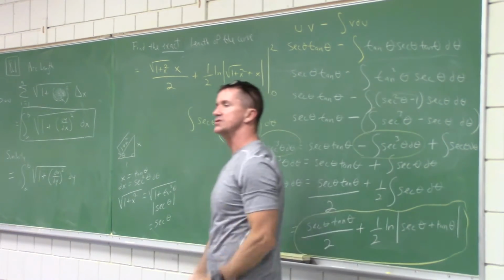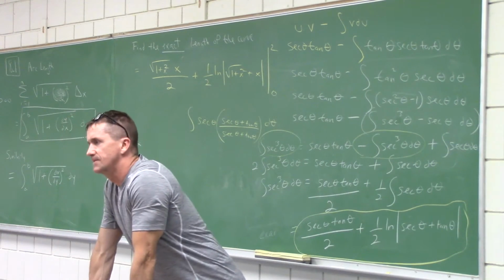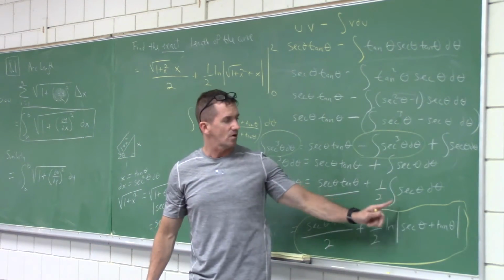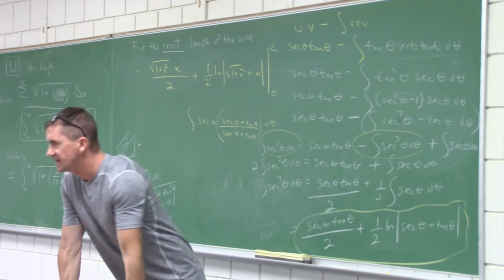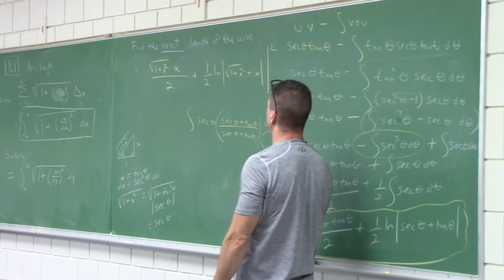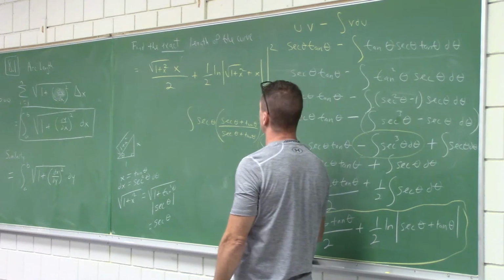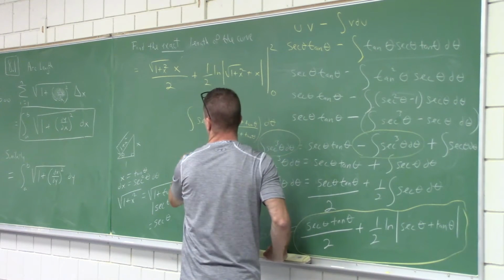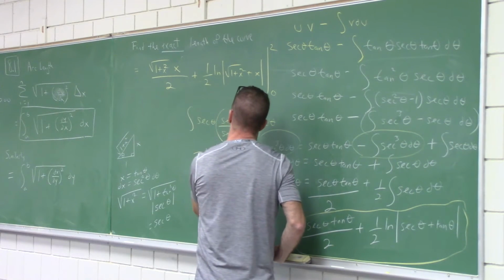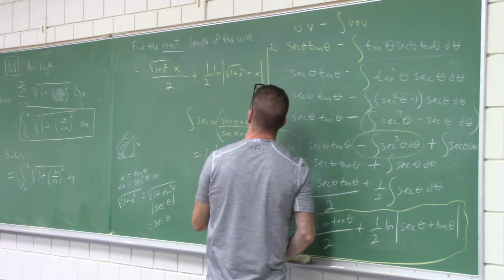Distribute that, and then you do a u sub that works. And that's where that one came from. We did that earlier, the integral of secant theta. It turns into that. So this is where you were wondering that integral would come from. You get ln of secant theta plus tan theta.